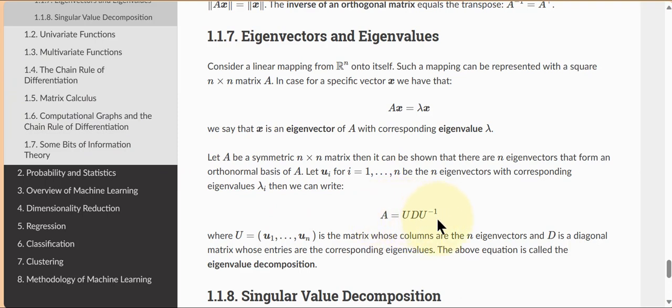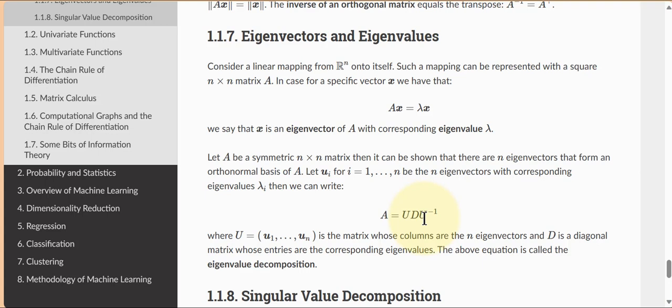Now who cares about that? Why is that interesting? Well, we're factoring A into a product of three different matrices, right? It's factoring because it's multiplication between matrices. So why do we care about factoring?